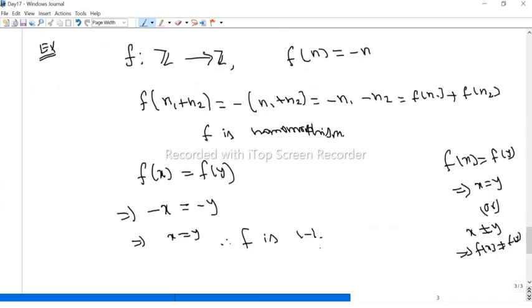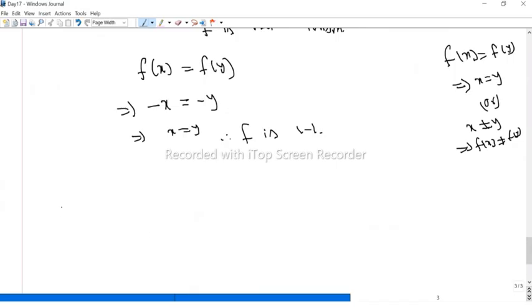Now we have to prove that f is onto. Onto means, given any element in the codomain, we can always find a pre-image. So we choose some arbitrary element m in the codomain. We have to find an element in the domain, so we can choose minus m.